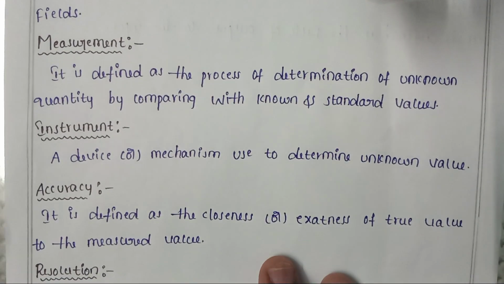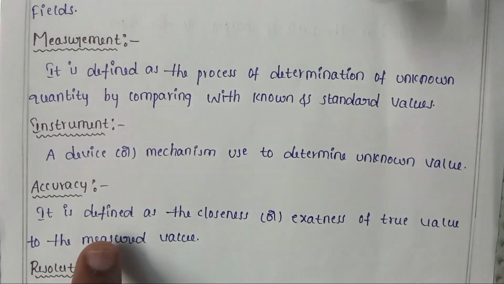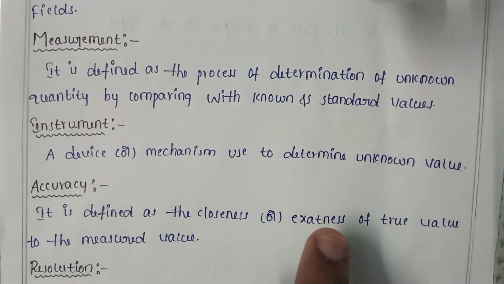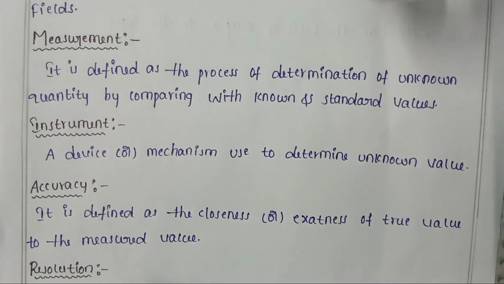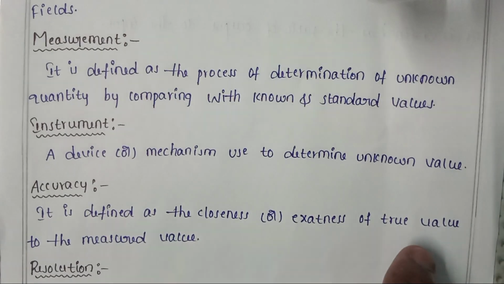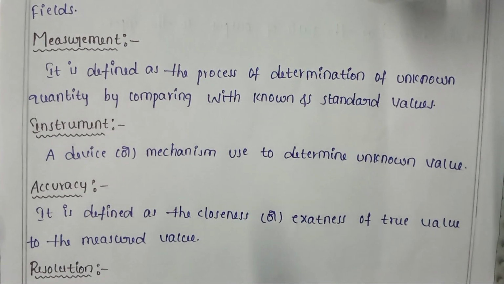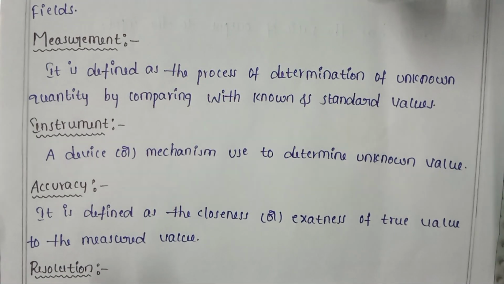The next definition is accuracy. Accuracy is defined as the closeness or exactness of the true value to the measured value. Here we have to discuss two values: one is the measured value, another is the true value. The true value is nothing but the designed value. That means while fabricating any instrument, we give some fixed values.